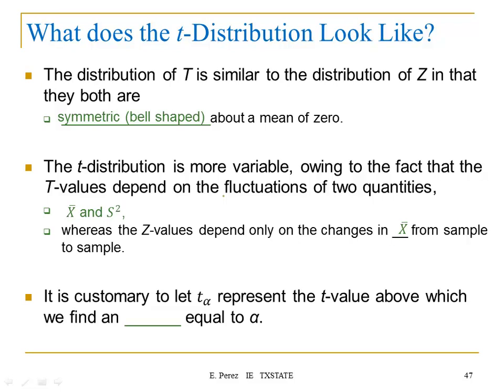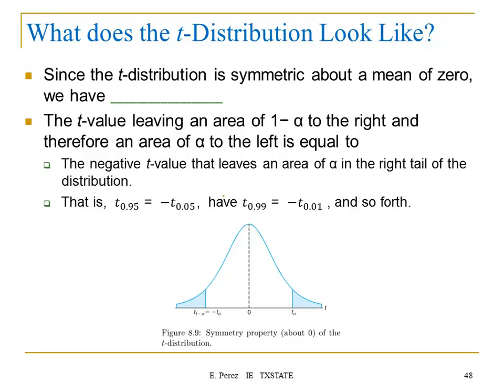Okay, so it is customary to let t alpha represent the t value above which we find an area equal to alpha. Since the t distribution is symmetric about the mean 0, we have that t of 1 minus alpha equals minus t alpha. And that can be seen here. So t alpha is this area.